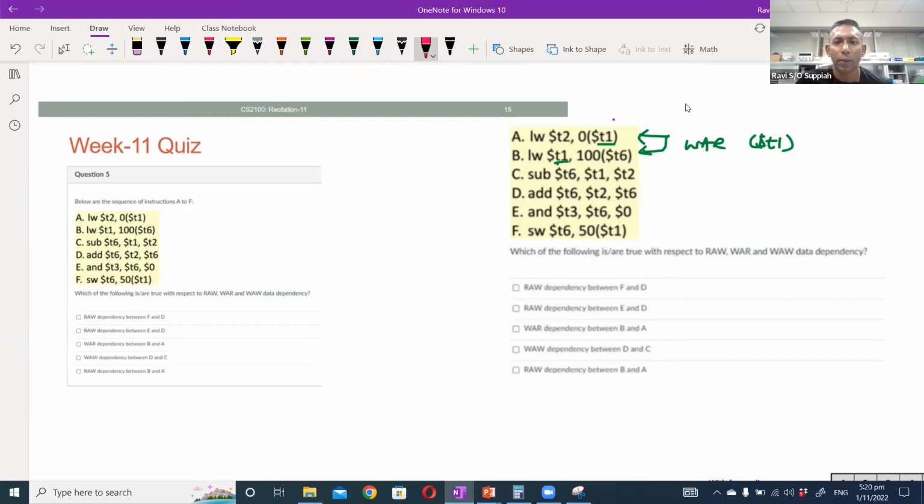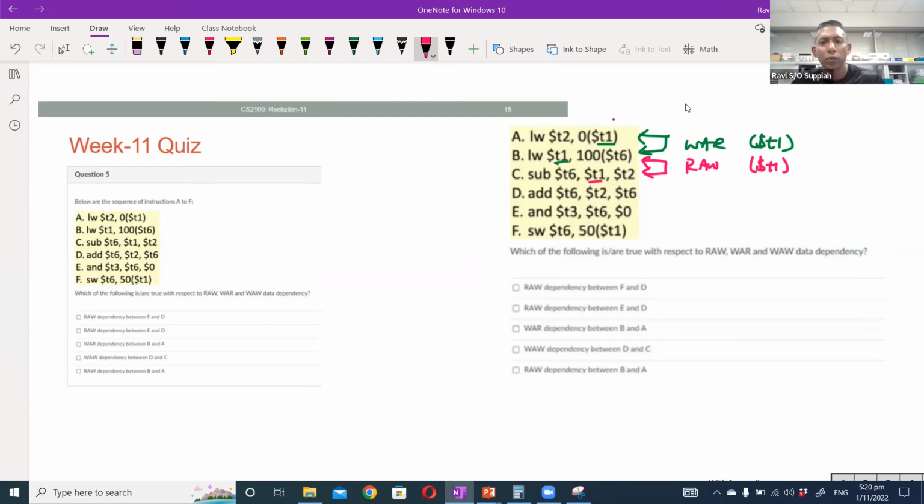Now in B, you are updating T1, and in C, you are reading from T1. So in B, you are updating T1, which means you are writing to it, and in C, you are reading from T1 to perform an operation. So this is actually a RAW instruction, read after write, for register T1.